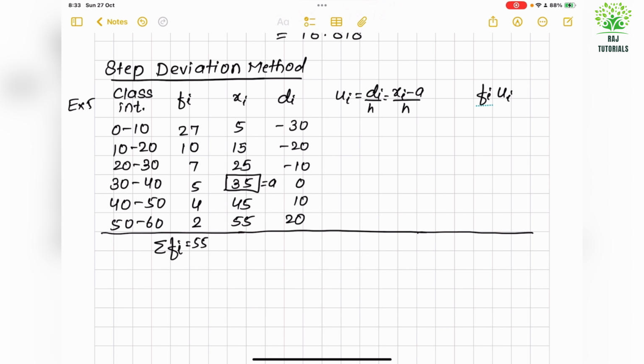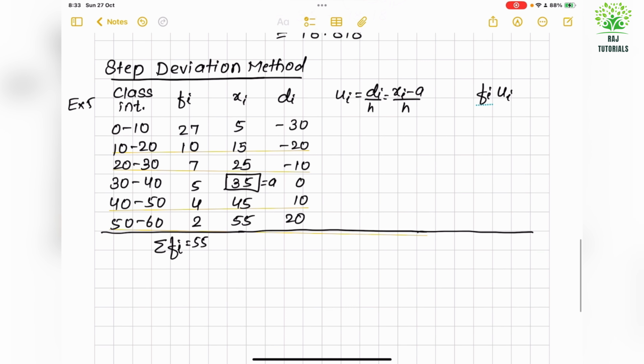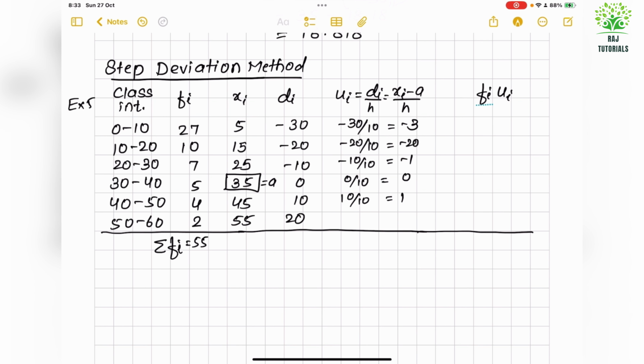So 10 minus 0 will be 10. So here this will be minus 30 by 10, that is minus 3. Minus 20 by 10, that is minus 2. Minus 10 by 10, so that will be minus 1, 0 by 10, so that will be 0, 10 by 10, that will be 1, and 20 by 10, so that will be 2.